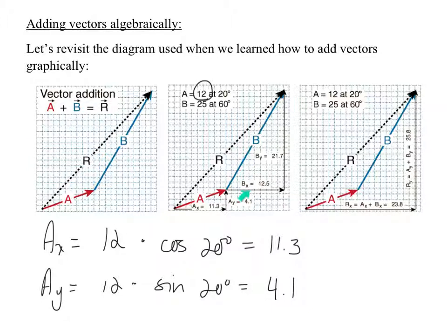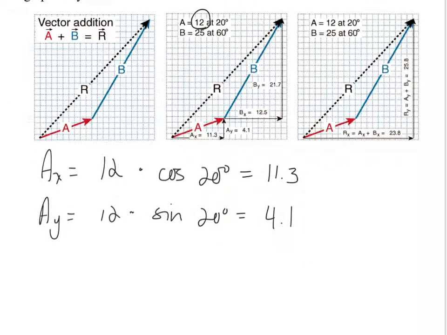So what we need to do is find out BX and BY. Well, how do we do that? So to get BX, it's the same thing as this, except there's a B here, and then this makes this 25 because I use vector B's length. Let's go ahead and do this, make it simple for us. So BX is going to be simply 25 times the cosine of, well, there's the angle, here it is, 60 degrees.